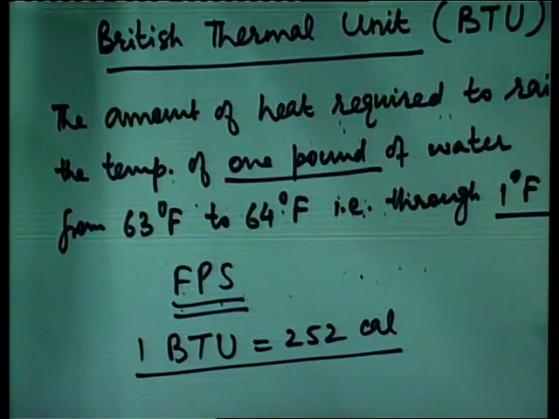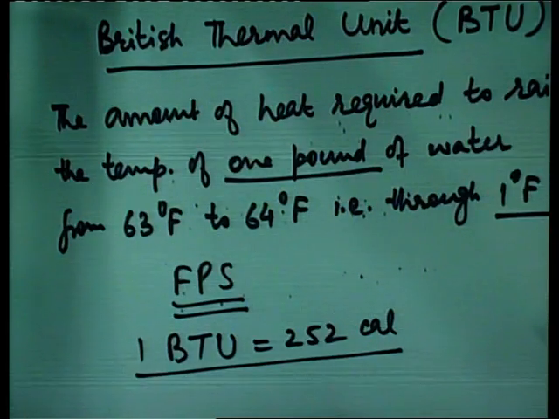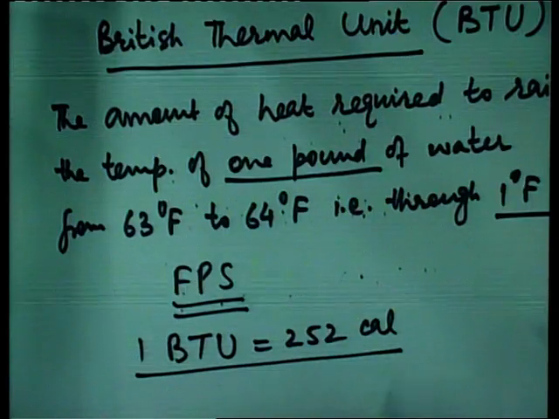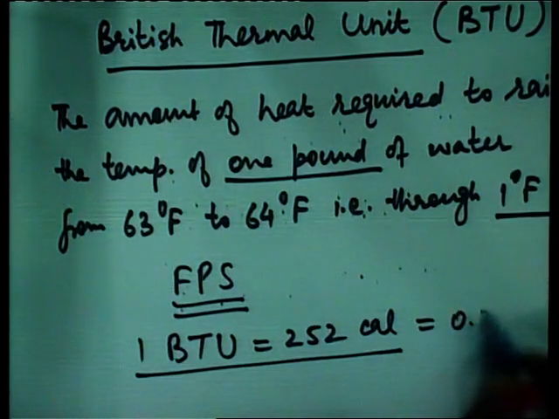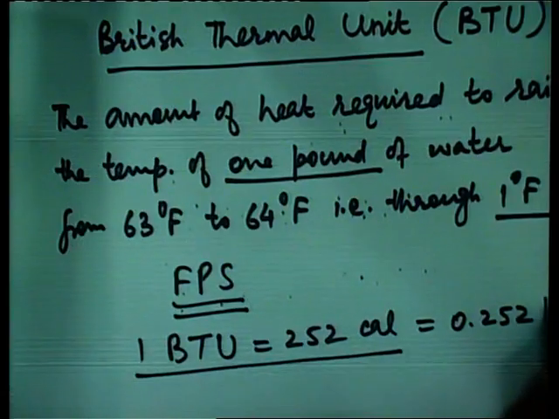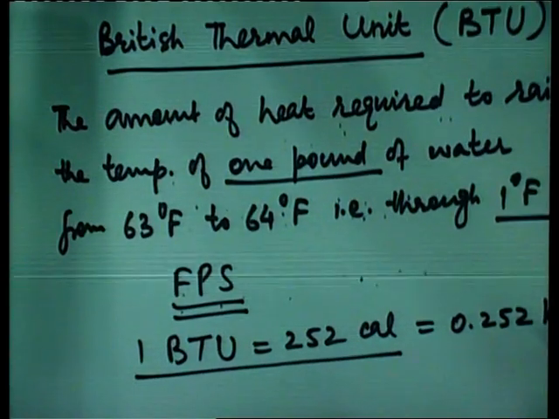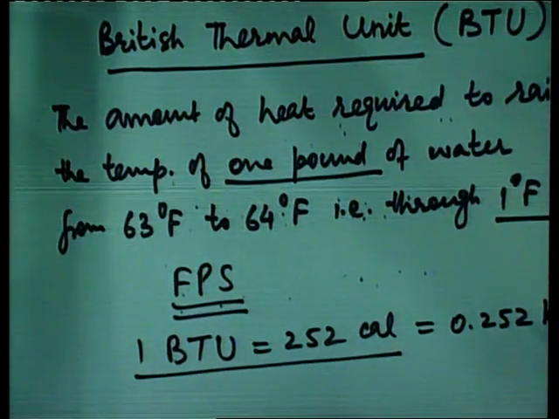One British thermal unit is equal to 252 calories or 0.252 kilocalorie. So, these are all the three units: calorie, joule and British thermal unit, which are used for the measurement of heat.